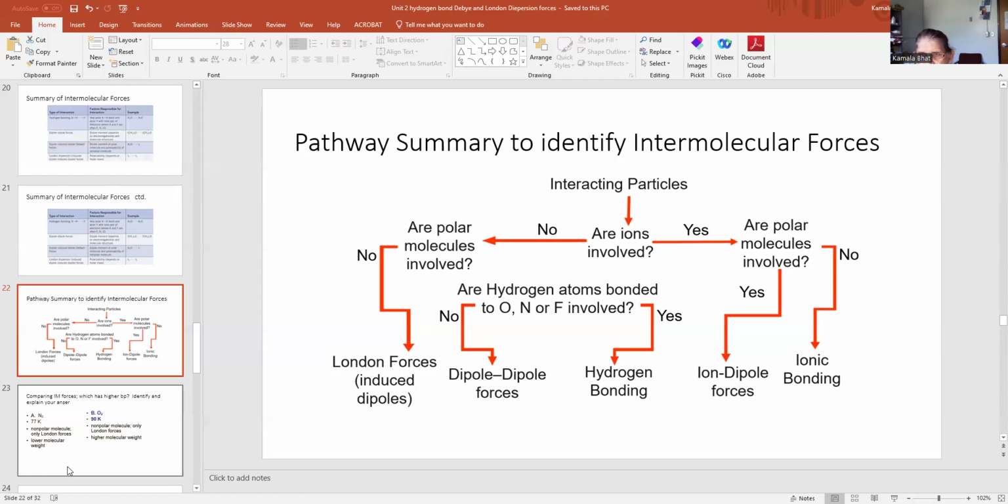If it is no, then we have ionic bonding. Coming to the center, the next question is, are hydrogen atoms bonded? No, that means dipole forces. Yes means hydrogen bonding, especially to oxygen, nitrogen, and fluorine.